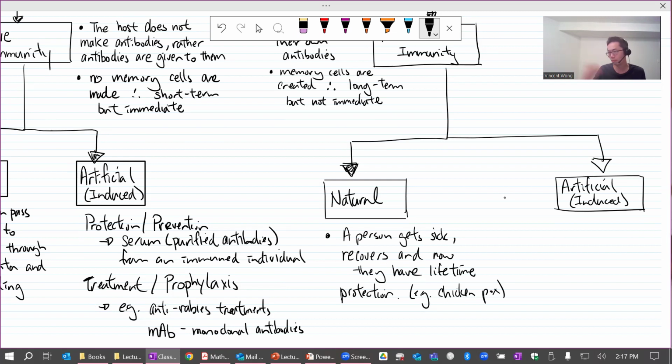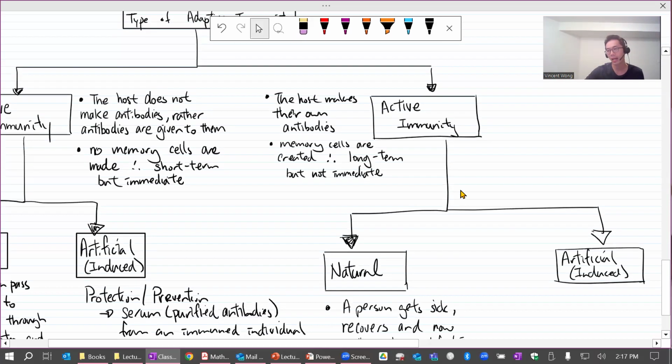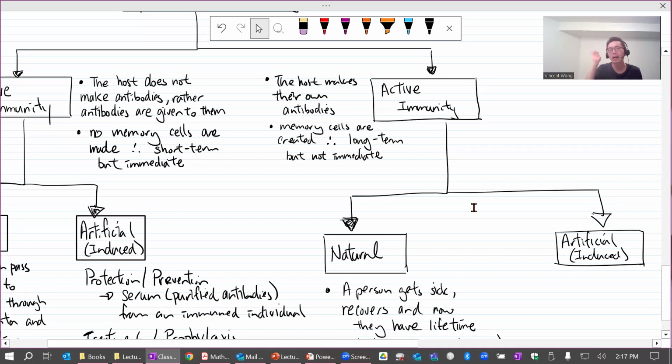So we, as in you and I, have countless examples of natural active immunity throughout our lives. Every time you got sick and you recovered, you have immunity for whatever got you sick. Okay? Now, long story short, I'll explain this further next class.